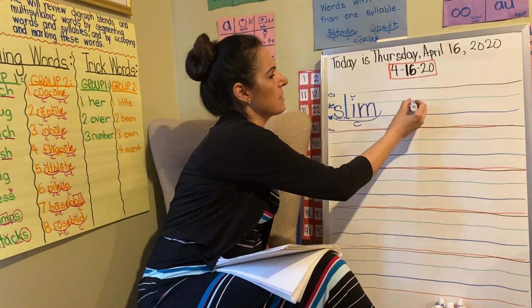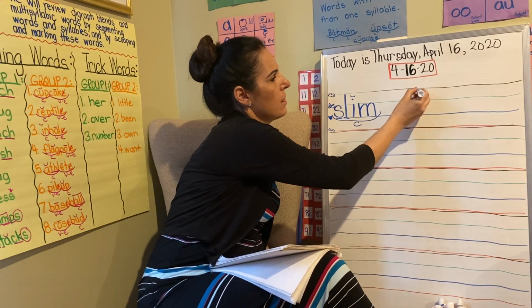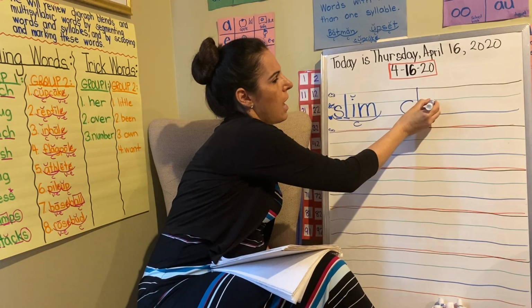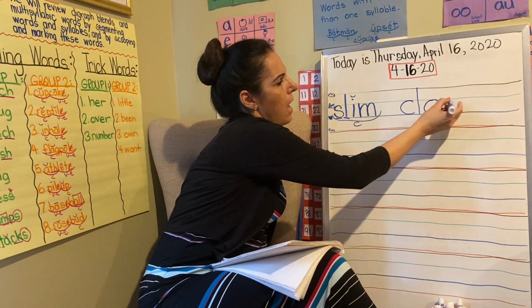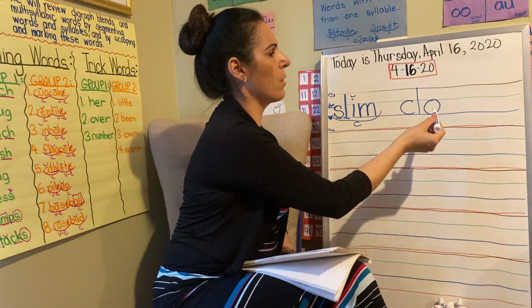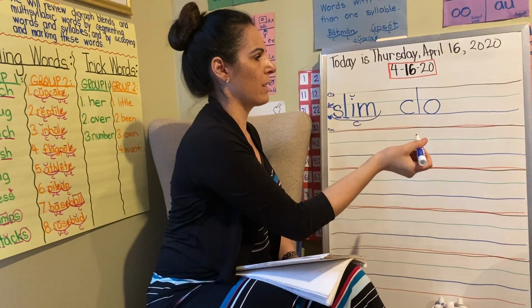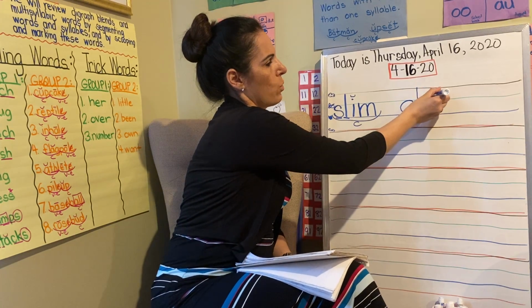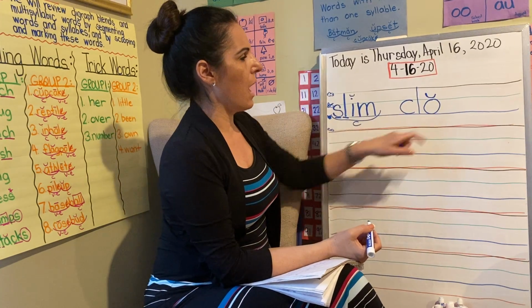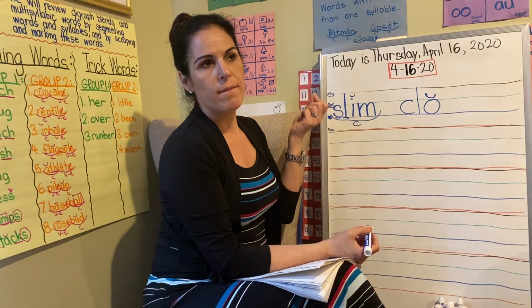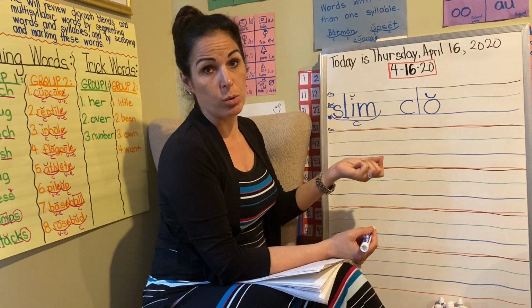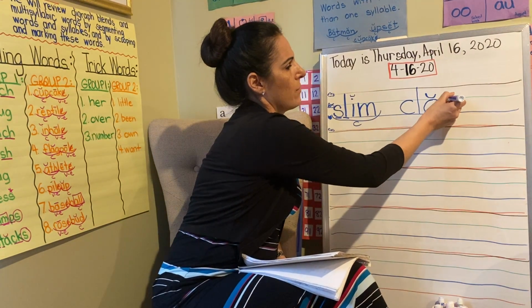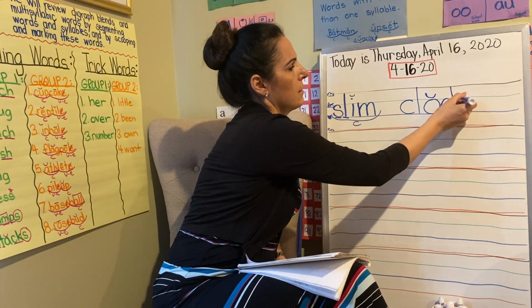So clocks. Clock. Now, I know it's not going to be just a regular C or regular K because the O is a short vowel sound. So it's clock, therefore it is a short vowel CK rule, correct? So it's going to be the digraph CK, clock.